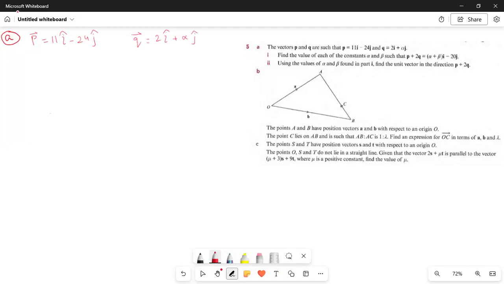So the first part is to find the value of each of the constants alpha and beta such that p plus 2q is this thing. So what is going to be p plus 2q?